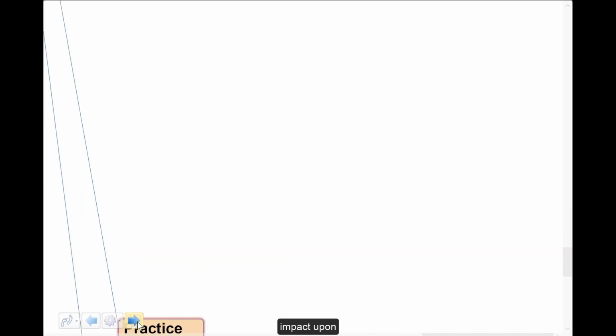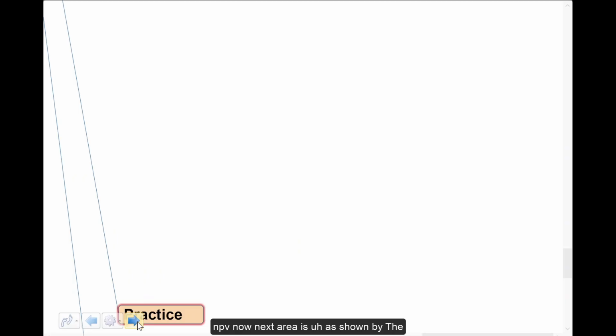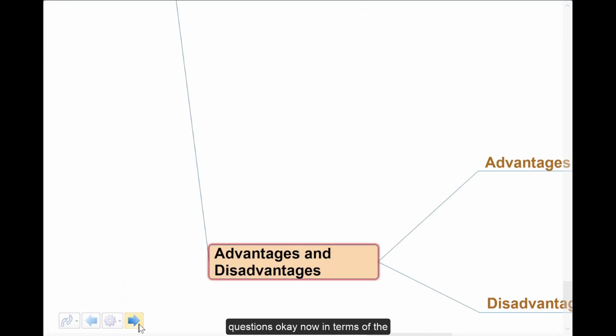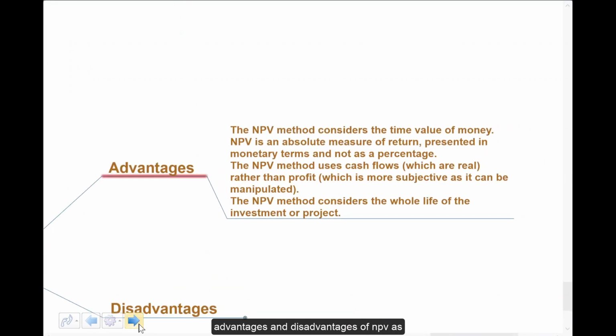So note, obviously, the further away the cash, the lower the impact upon NPV. Now, next area, as shown by the hub, is just practice. As I said earlier on, we have to practice. Let's do the questions.